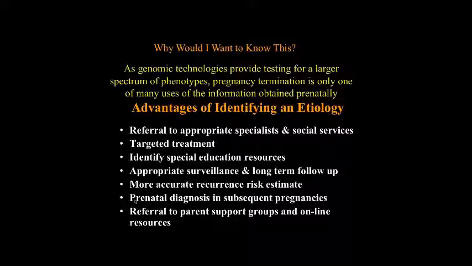As the information increases and the spectrum of phenotypes increases, we have to understand that what we are really doing is giving patients important information about the child in the pregnancy, and there are major advantages to having this information that do not necessarily include the need or desire to terminate the pregnancy. So I think the use of this information is obviously going to change.